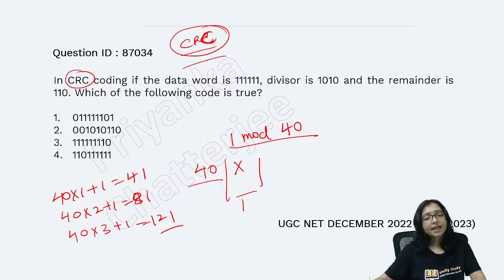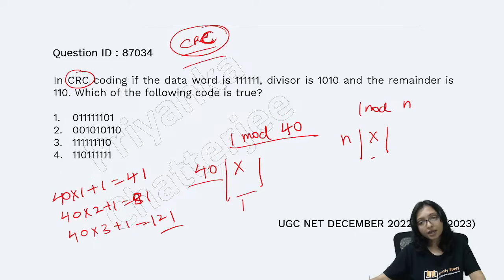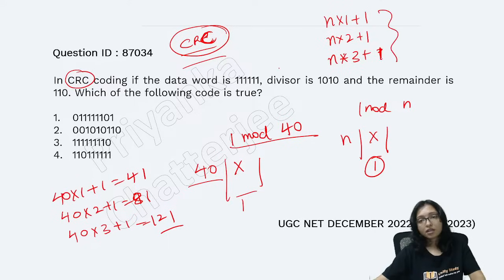That is the simple thing. Whatever you are doing, 1 mod n means you do n multiplied by 1 plus 1, n multiplied by 2 plus 1, n multiplied by 3 plus 1. That is the simple thing.